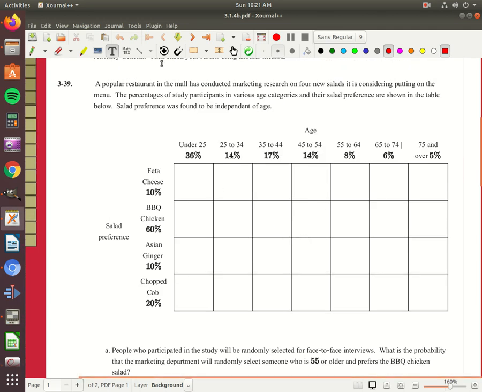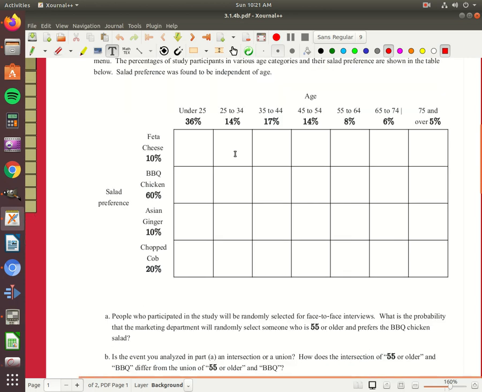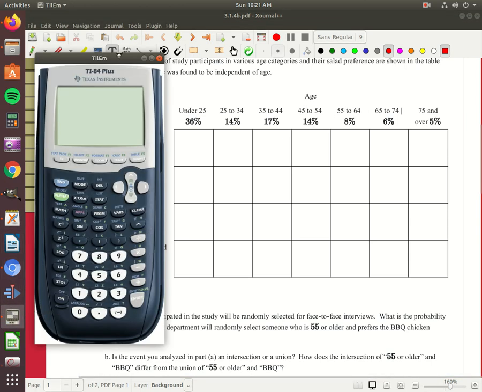All right, so a popular restaurant in the mall has conducted marketing research on 4 new salads and considered putting them on a menu. The percentages of study participants in the various age categories and their salad preferences are shown in the table below. Salad preference was found to be independent of age. That means that older people don't necessarily like one more than the other. So let's figure out how we're going to calculate this.